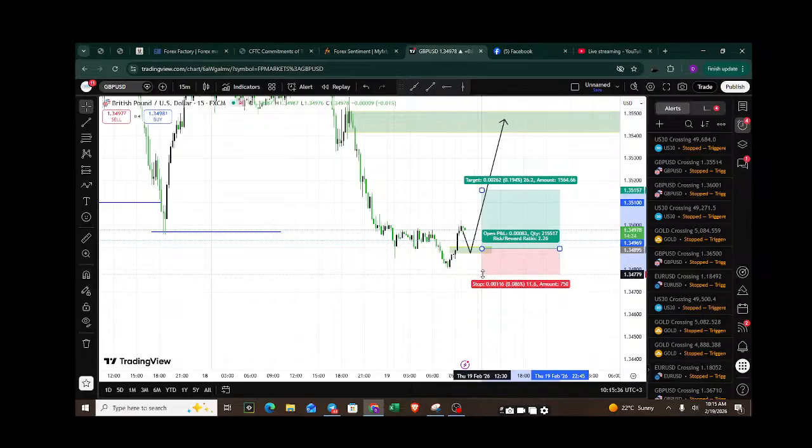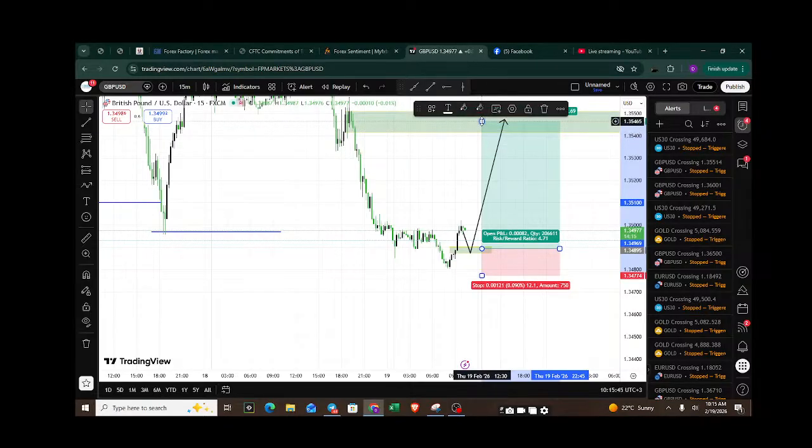So this is what I want to see. This is just a retracement up to that point. Then when we are up to that point, now you can think of getting in 0.15.